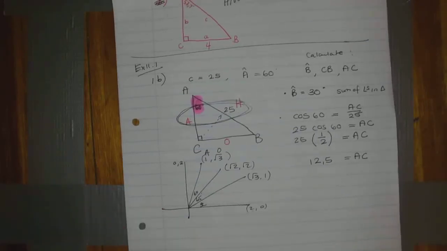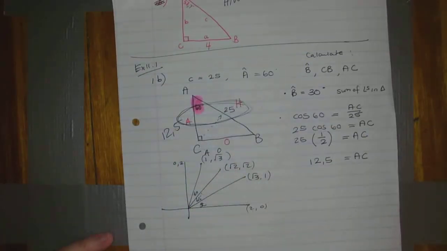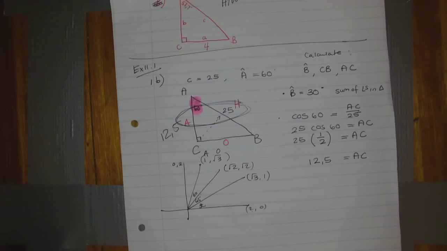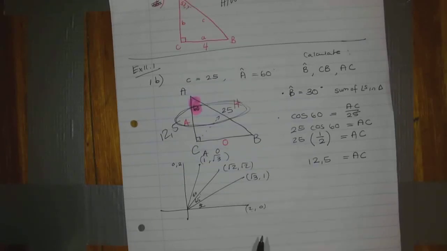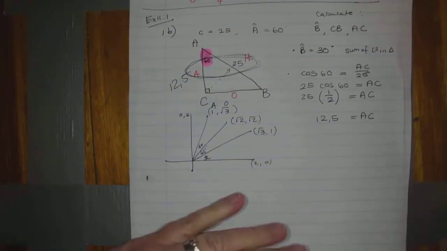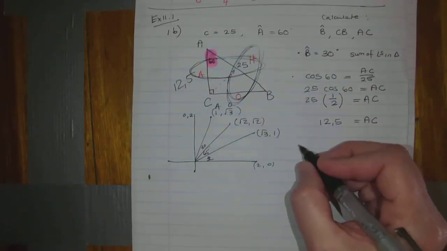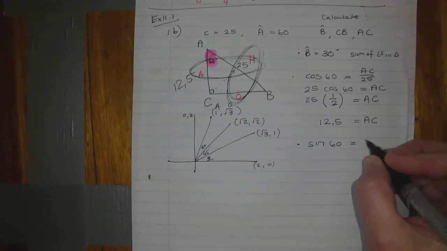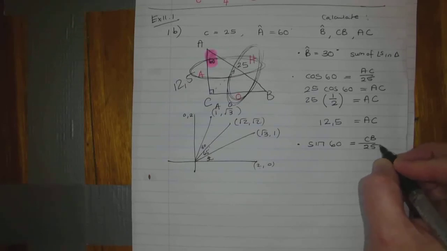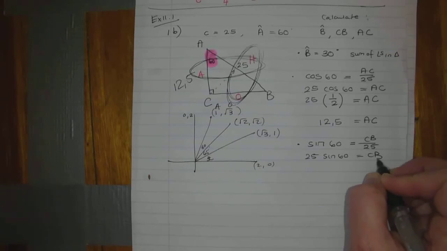Okay, now working out the third side CB, I have one of two options. Because this is a right angle triangle, I can do Pythagoras or I can do trig. Okay, I'm going to do both. So trig-wise, what do I want? What do I have? That is sine of 60 is then CB over 25. So 25 sine 60 will give me the length of CB.